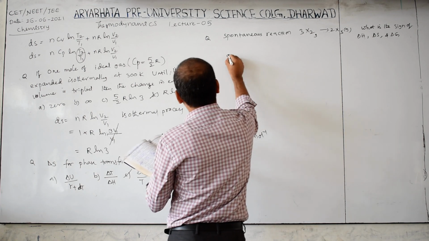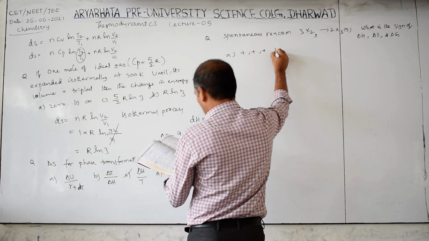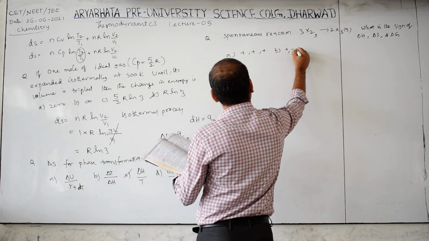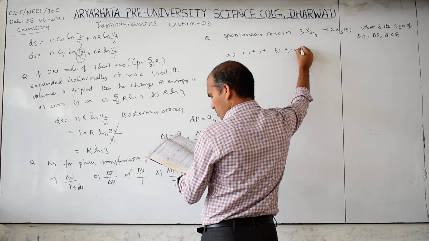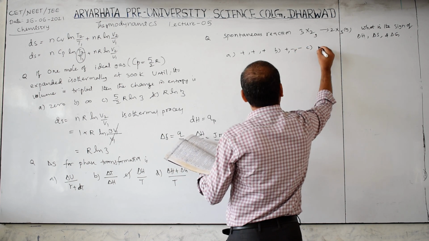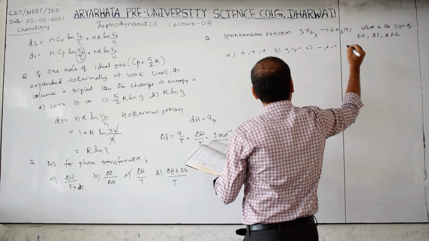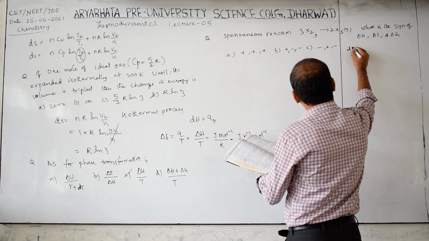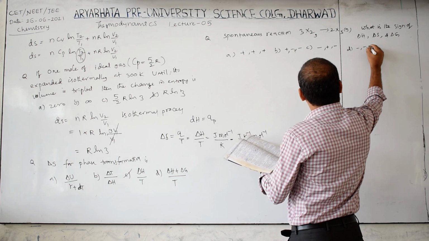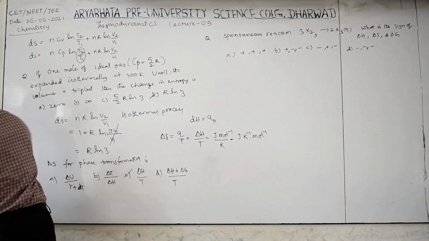Options are given here: A plus, plus, plus; B plus, minus and minus; C minus, plus, minus; D minus, minus, minus, like this given.